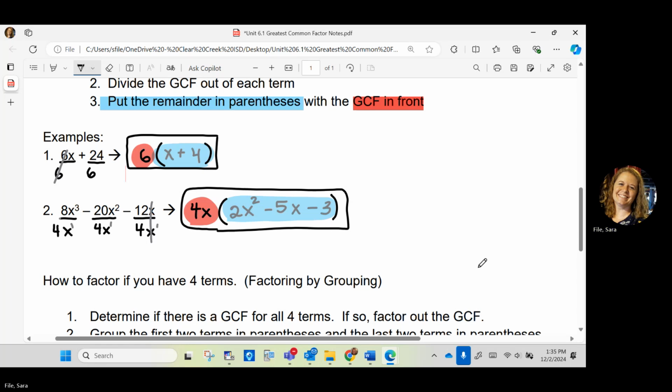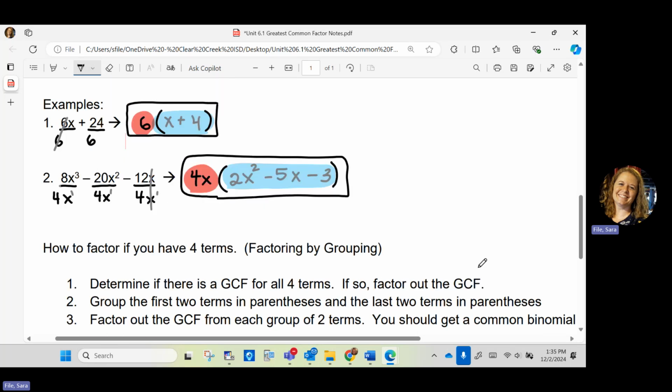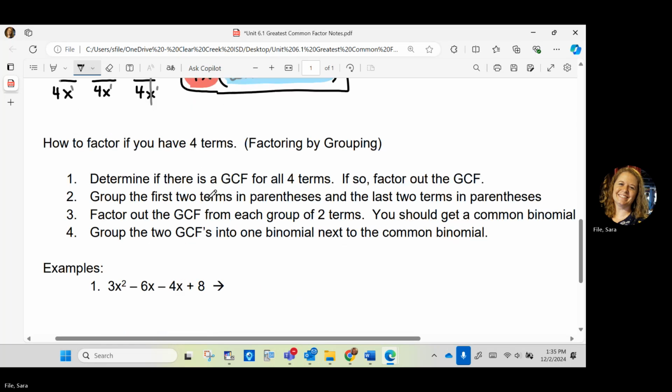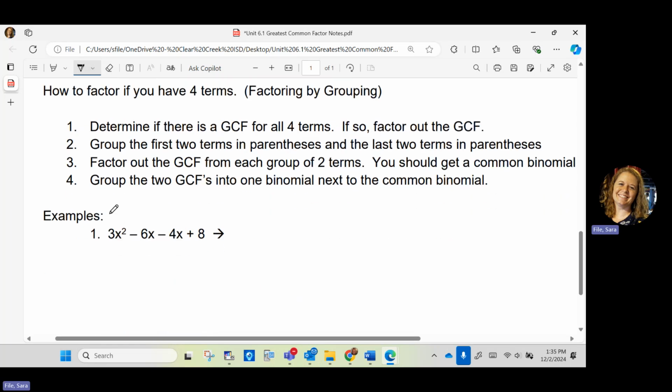All right. Now, another type of factoring that we're going to look at that utilizes GCF is called grouping. If you have 4 terms and there is not a GCF among all 4, we can break it down and make it into 2 smaller groups. Okay, so for example, in number 1 here, I have 4 terms.